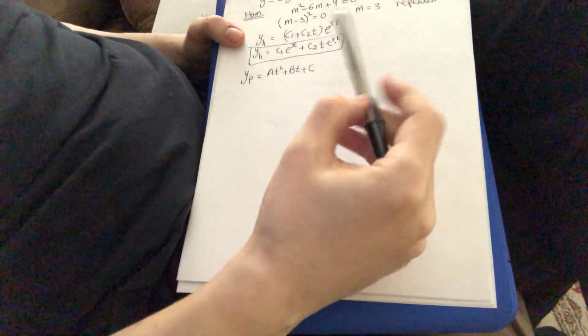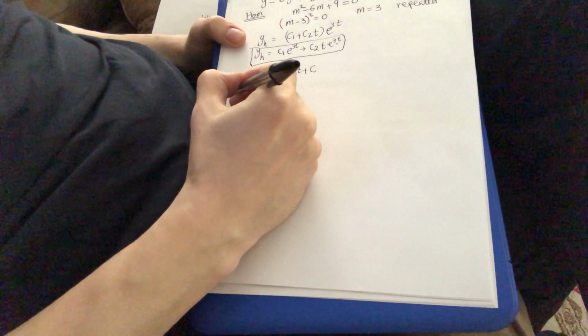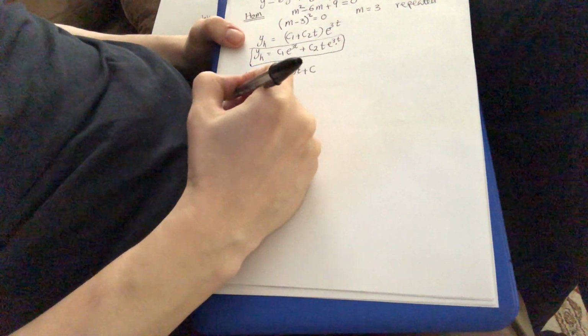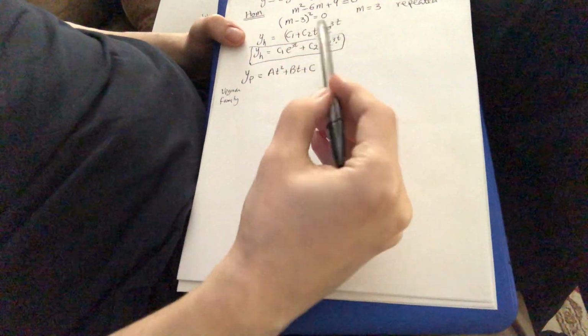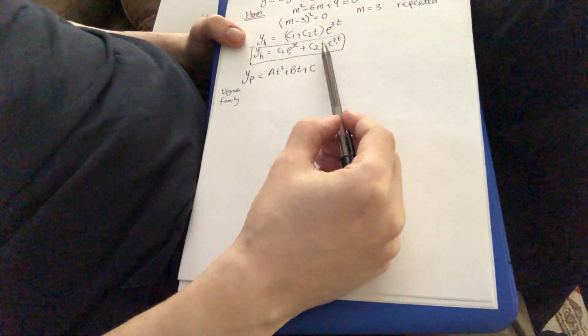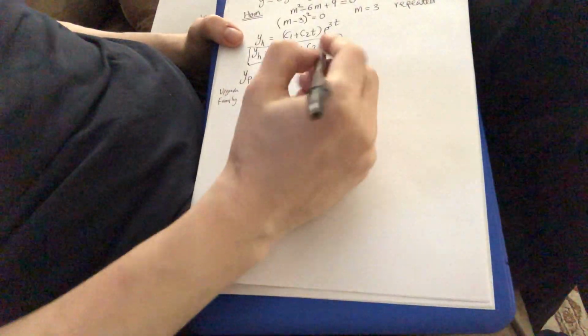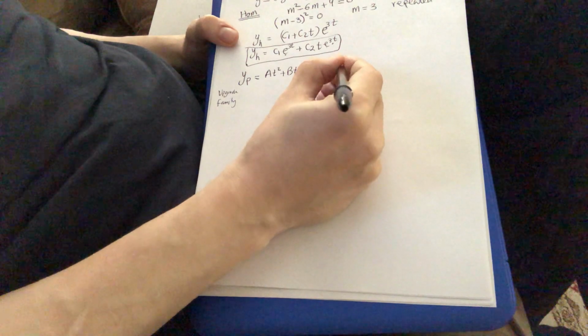So if you have this, you have to upgrade the family. And you see here, e to the 3t is already there, te to the 3t is already there, so the upgrade in this case would be t squared.